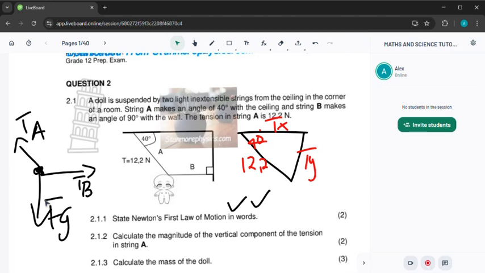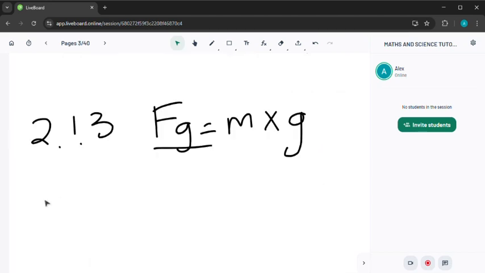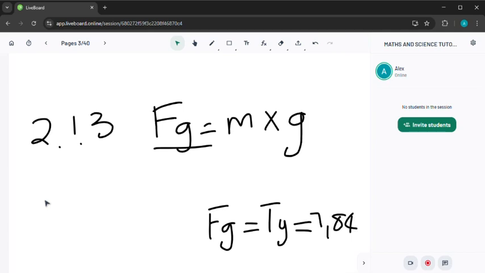So we will say Fg is equal to the tension in Y, which is equal to 7,84 newtons. Therefore we can substitute this 7,84 here: 7,84 is equal to mass multiplied by acceleration due to gravity, a constant, which is 9,8.